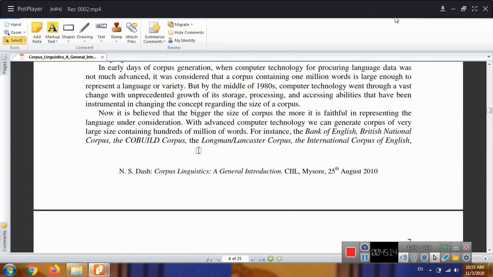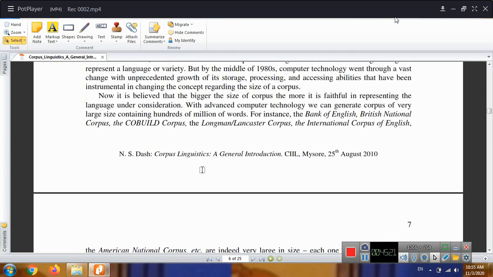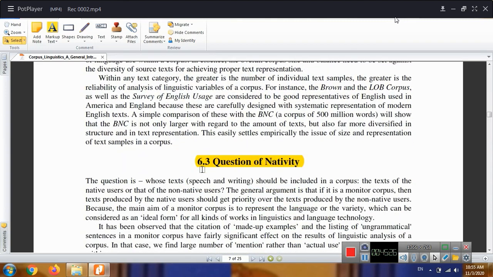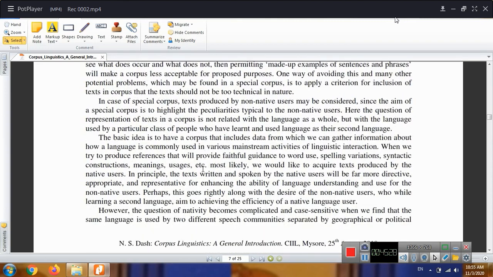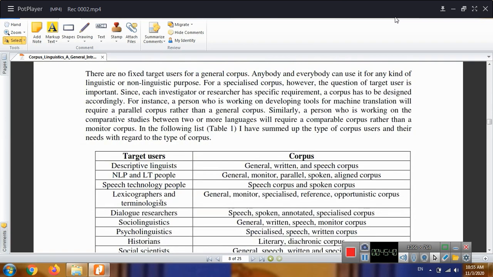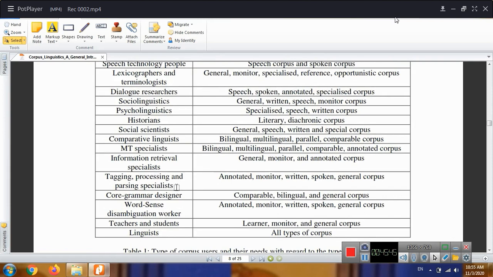We introduced some examples of big corpus which have over hundreds of millions of words. And text representation, another was the question of nativity, which we use according to the purpose of our corpus generating. Here we introduced the target users of different corpus.